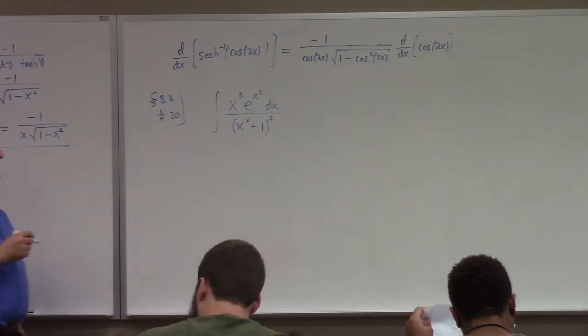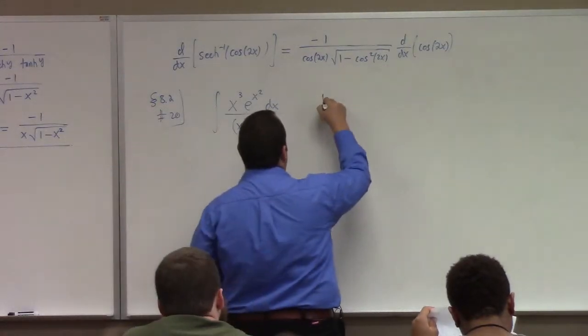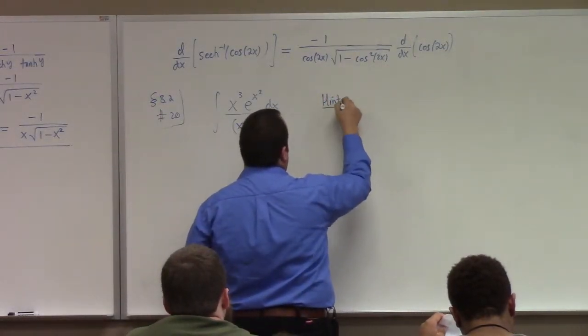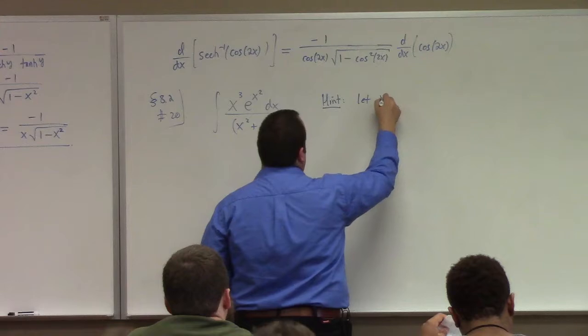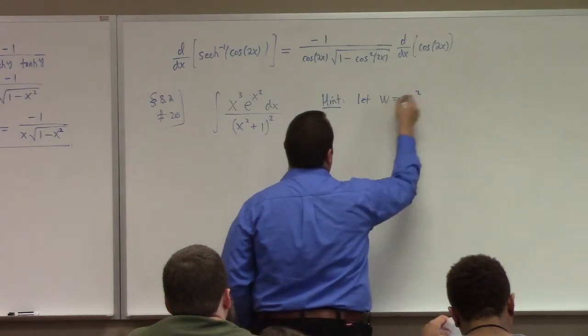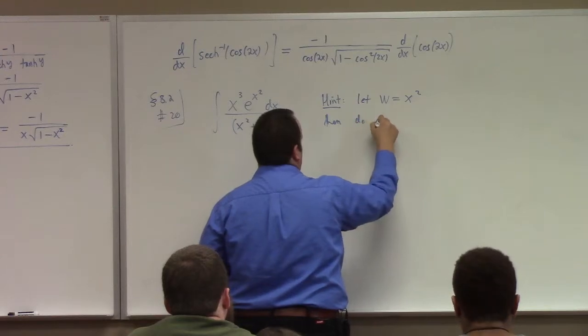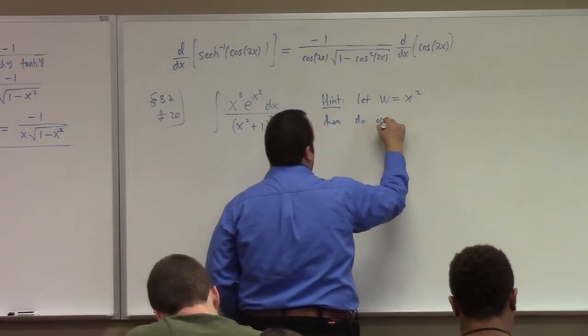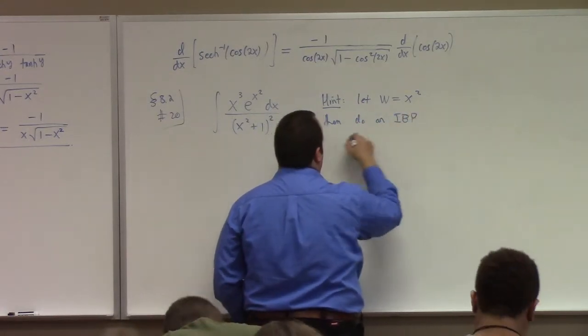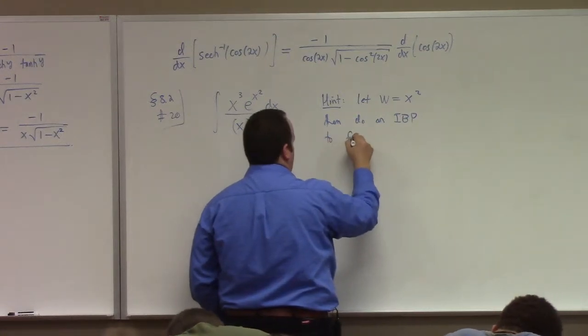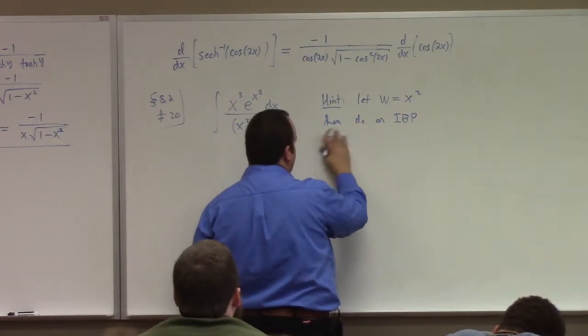So here's my hint. Let w equal x squared, then do an integration by parts as a finishing blow.